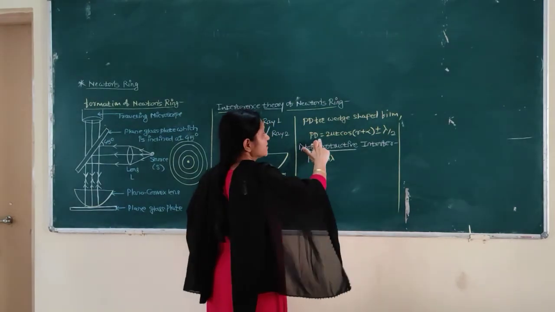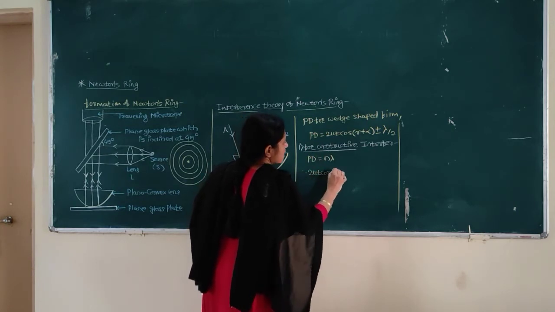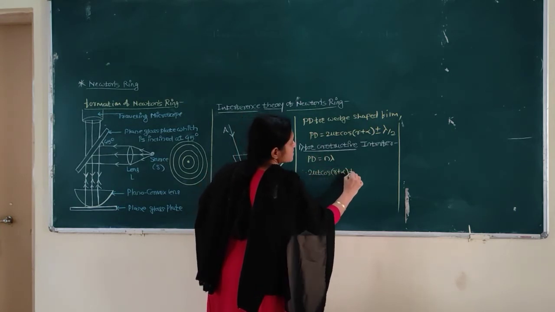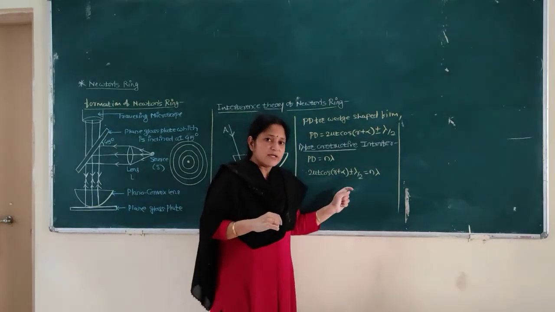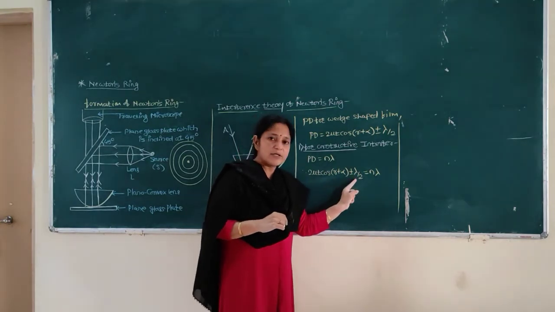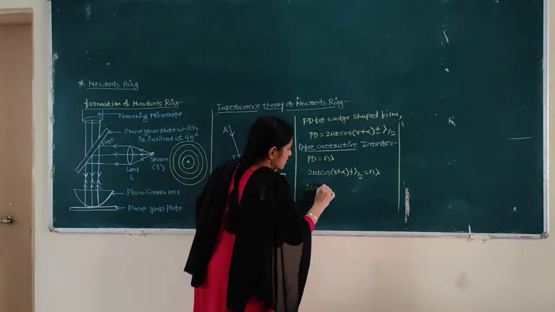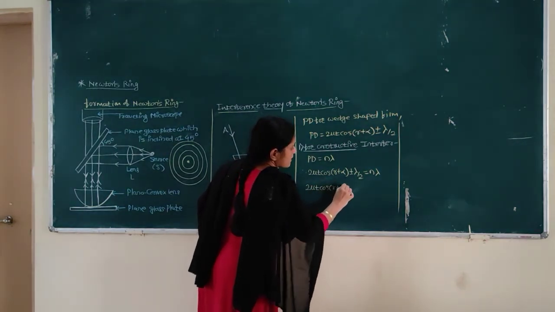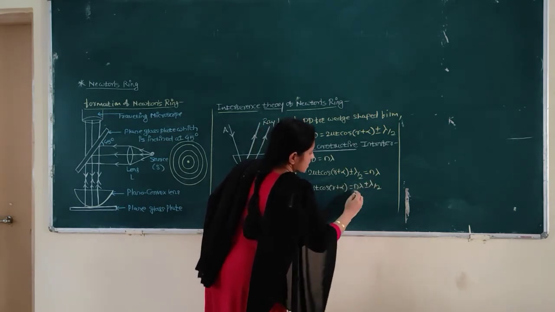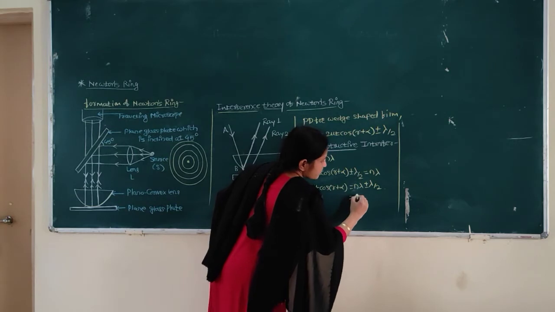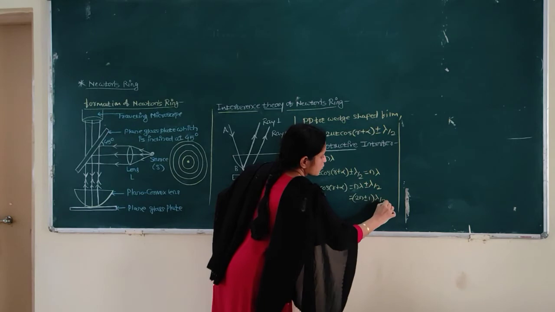Therefore, we can write the equation like this: 2 mu t cos of (r plus alpha) plus minus lambda by 2 is equal to n lambda. Now the term lambda by 2 we take to the right side. So we get 2 mu t cos of (r plus alpha) is equal to n lambda plus minus lambda by 2. So again we can write this equation like this: (2n plus minus 1) into lambda by 2.